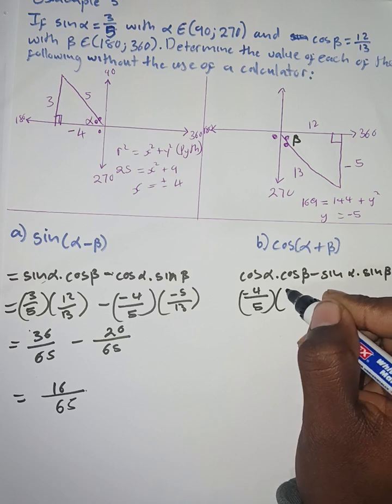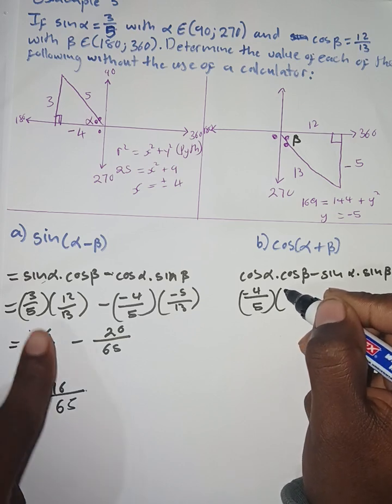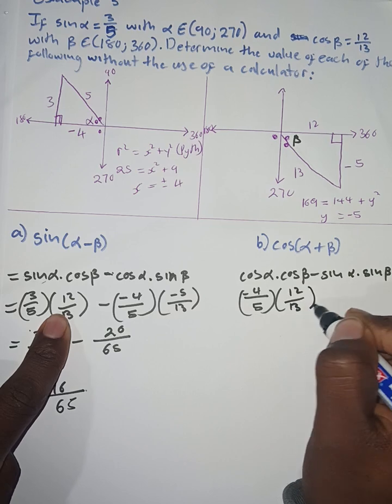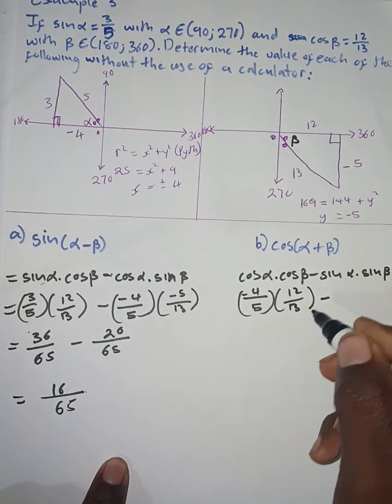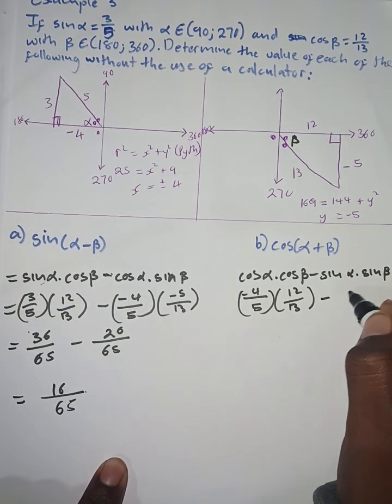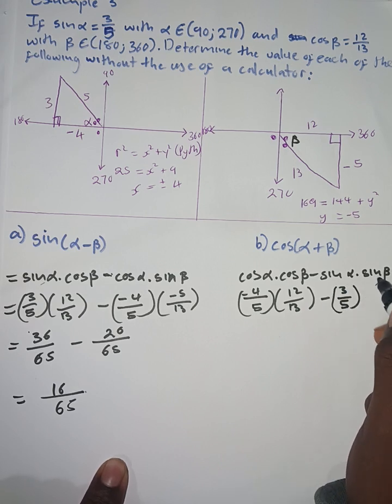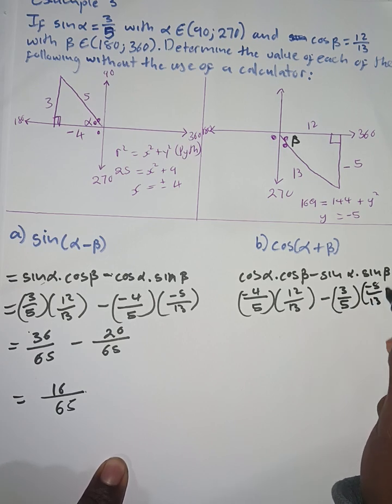And cos of beta, we got that to be 12 over 13. So this would be 12 over 13 minus sine of alpha, which was 3 over 5. And of course, sine of beta in this case was negative 5 over 13.